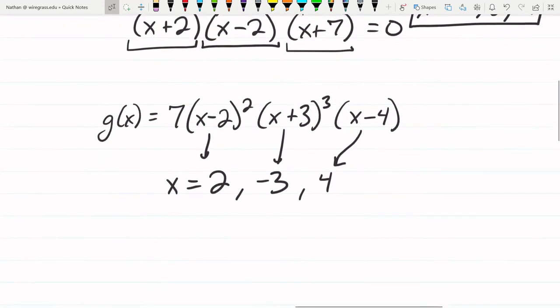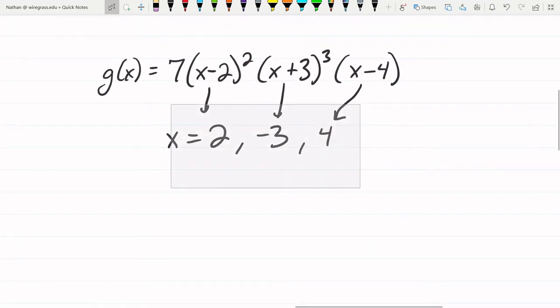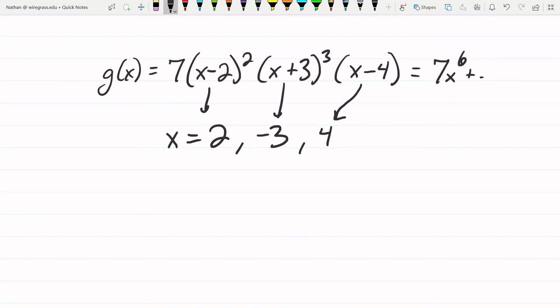In this one, we have 3 zeros. However, if you were to expand this whole polynomial function out, you'll end up getting 7x to the 6th plus whatever else is there. This is the degree of the polynomial, it's 6, and the leading coefficient is 7, but that's not really what we care about right now.